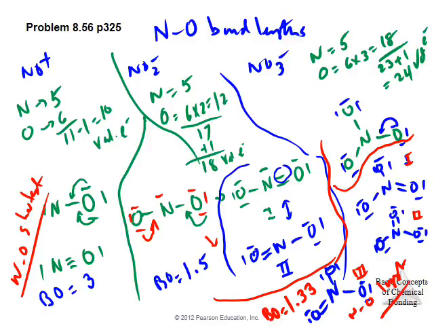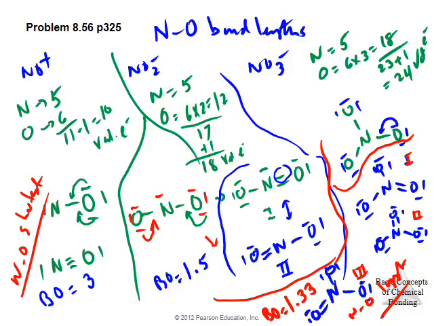If you want to organize this, NO in NO3 minus would be longest, followed by the NO distance in NO2 minus, and then NO plus would have the shortest distance. So this is how you can organize NO bond lengths based on Lewis structures.